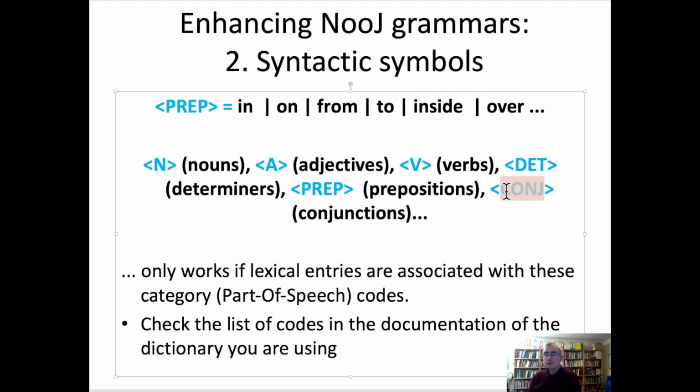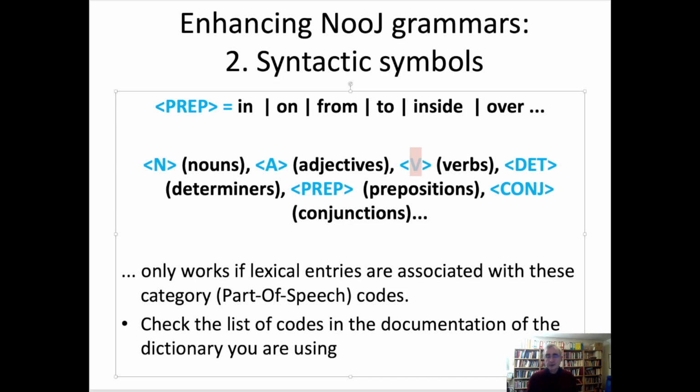So this is not a NooJ functionality. These abbreviations, these codes, will only work if you use a correct dictionary that associates lexical entries with these codes. So these are documented in the linguistic resources that are in NooJ.